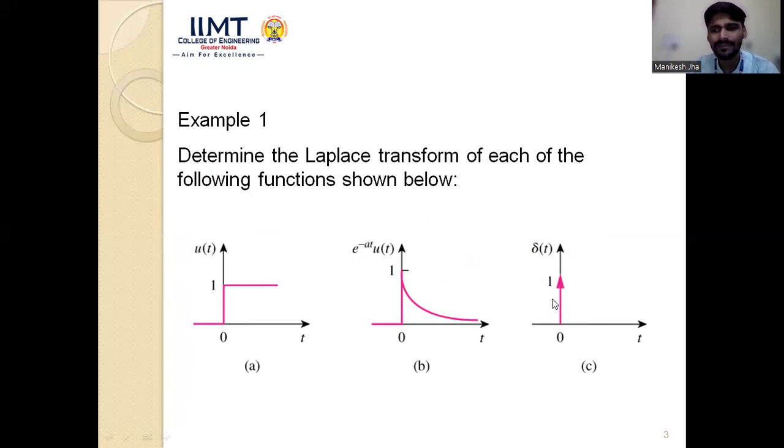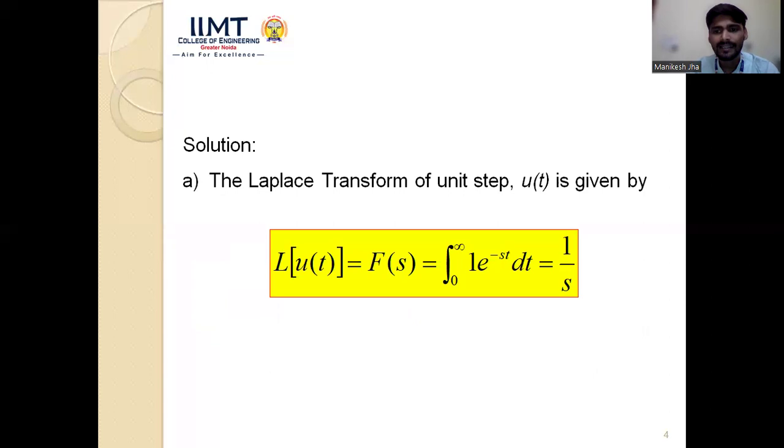Now we will discuss what the Laplace transform is for these signals. One by one, we will discuss how we find the Laplace transform for the unit step signal, the decaying exponential signal, as well as the impulse signal. First, we take u of t, the unit step signal.